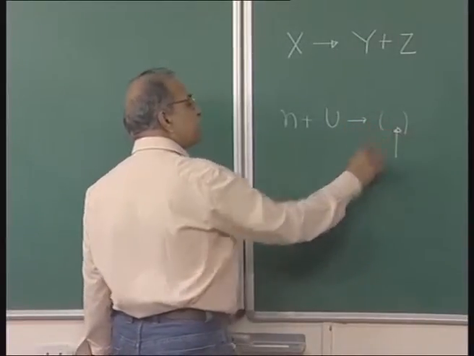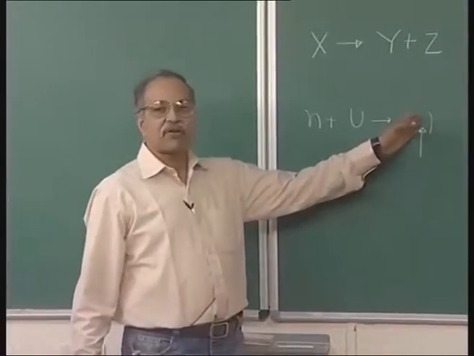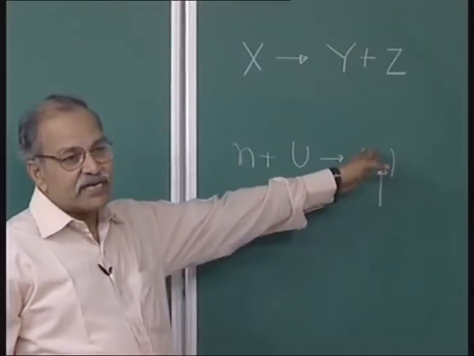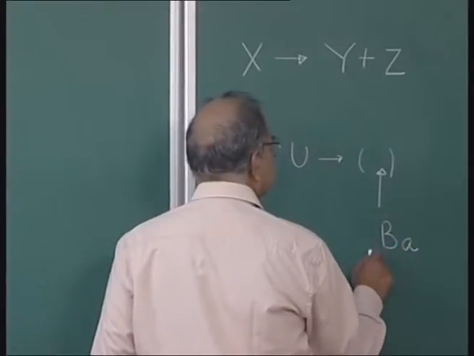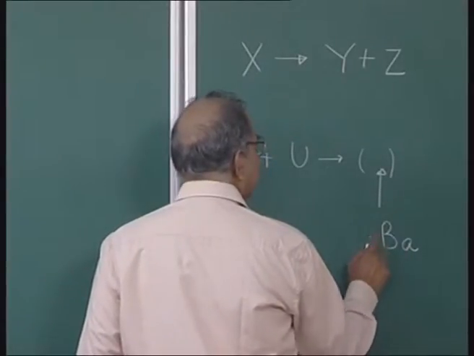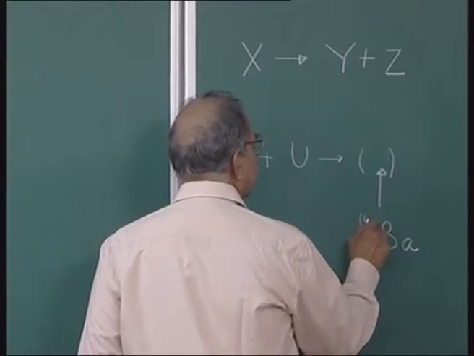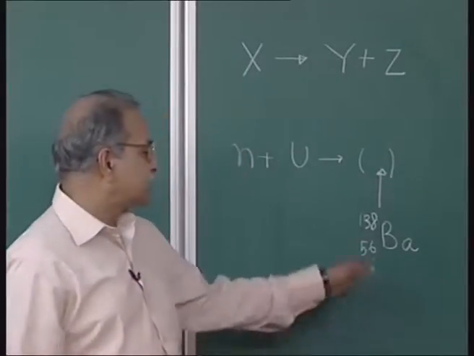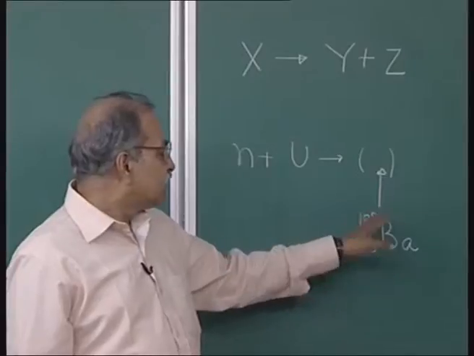They were chemists in fact, and so chemical analysis was very strong. When the irradiated product was analyzed, they found that there is barium in this. Barium is something like 56 here and around 138; there are several isotopes of barium which are stable, and 138 is the most abundant one.